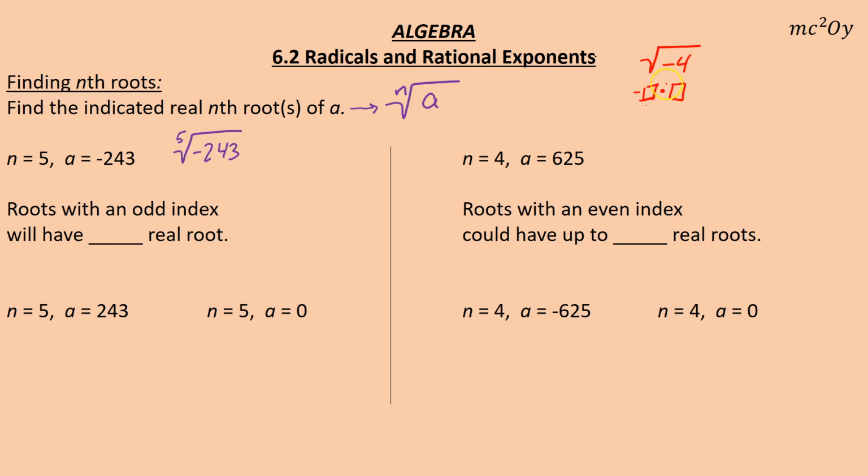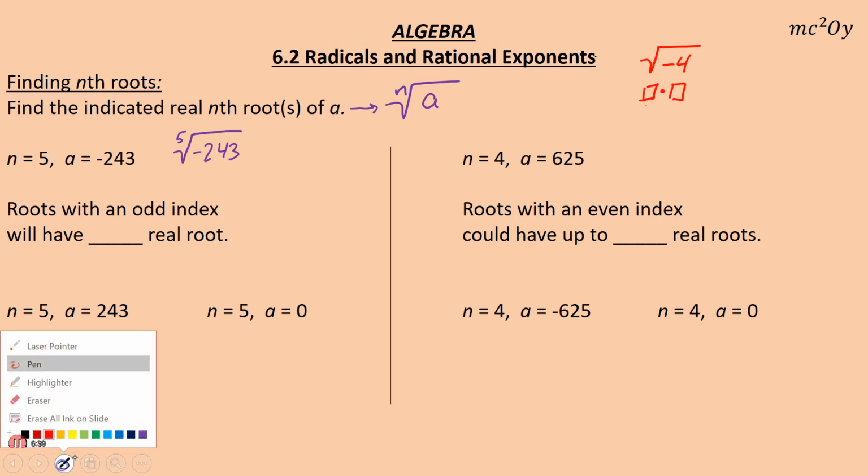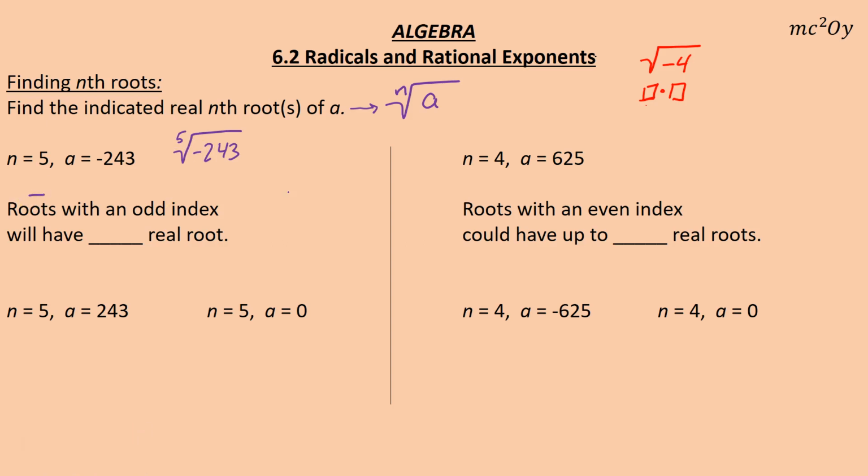Okay, however, if we're dealing with a 5th root, a 5th root to make a negative is saying if we multiply 5 things together to make a negative number, so like 1, 2, 3, 4, and 5. So we're multiplying these 5 same things together to make a negative, right? If it's going to be negative, we're going to have to at least introduce a negative.